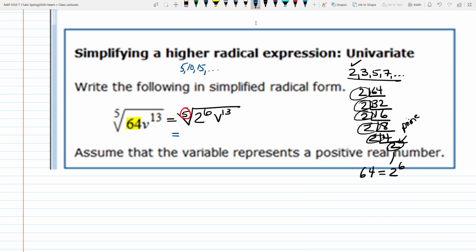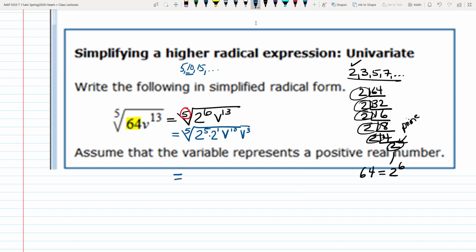We could think of that 2 to the 6th as 2 to the 5th times 2 to the 1st, breaking off one factor that we don't need, that makes the power not divisible by 5. And then what about v to the 13th? Well, the biggest multiple of 5 that is still less than 13 is 10. So I'm going to break this apart into v to the 10th times v cubed.